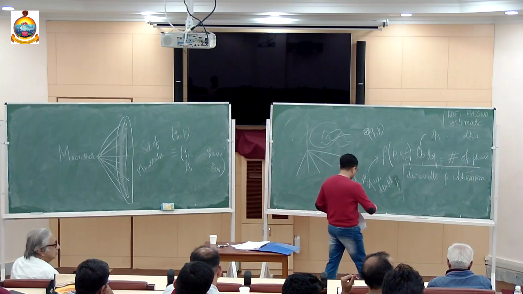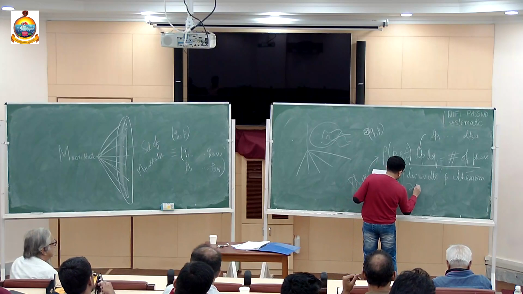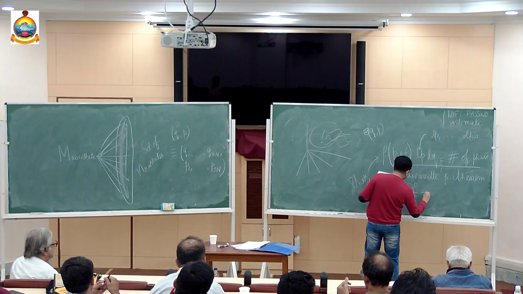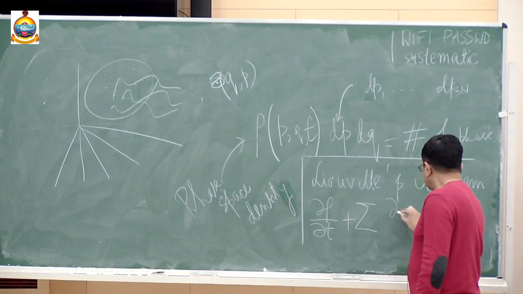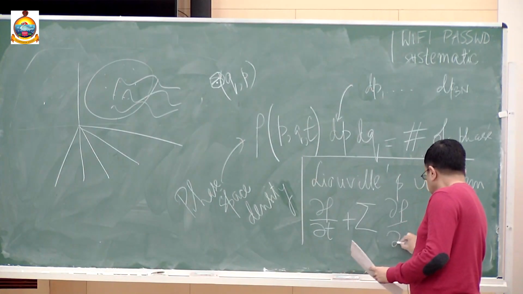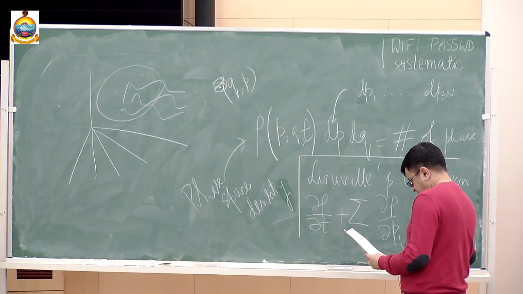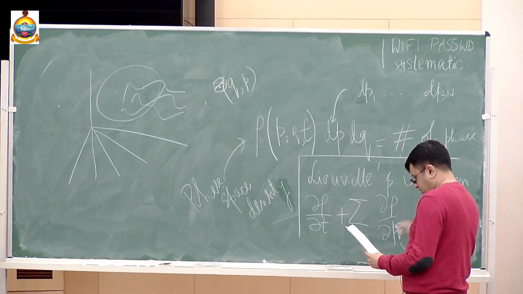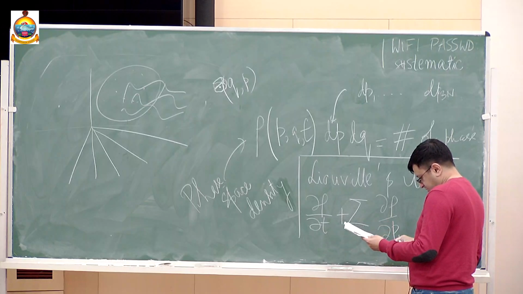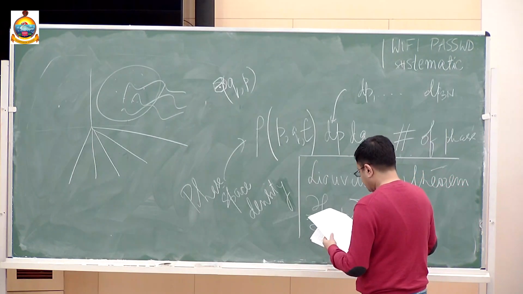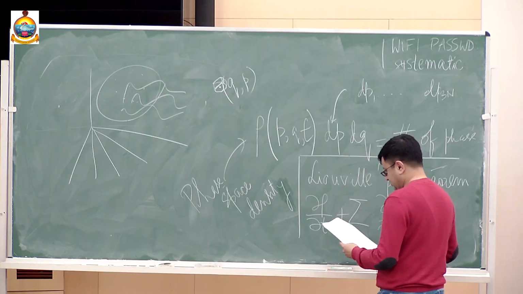Let me just write down this equation and leave it at that. Let me put it in terms of this Poisson bracket here, which is probably the best thing to do.